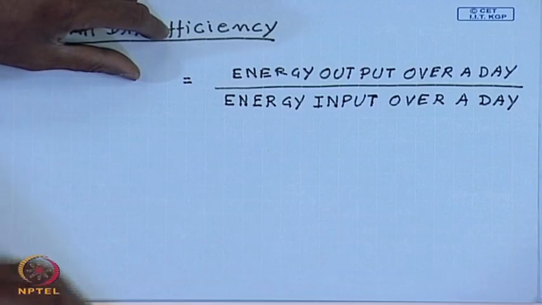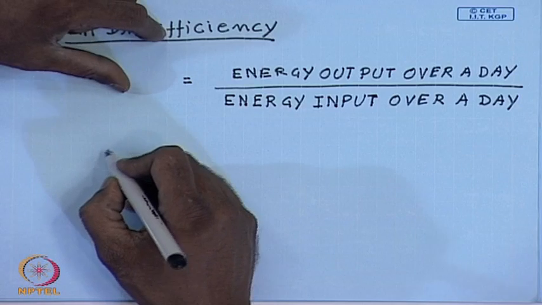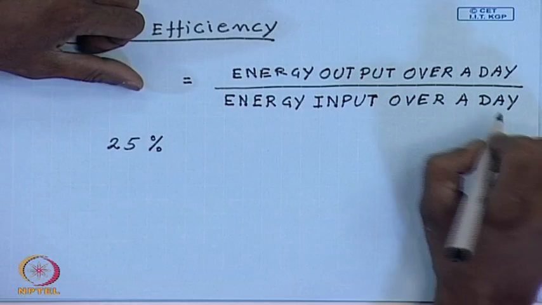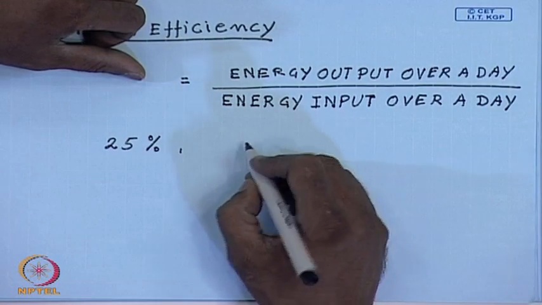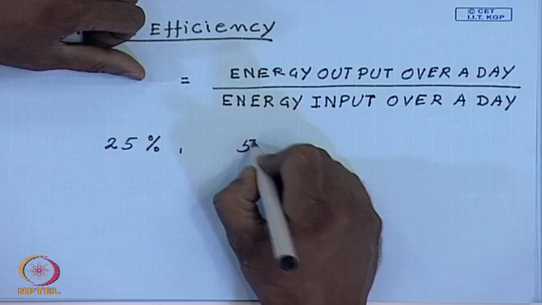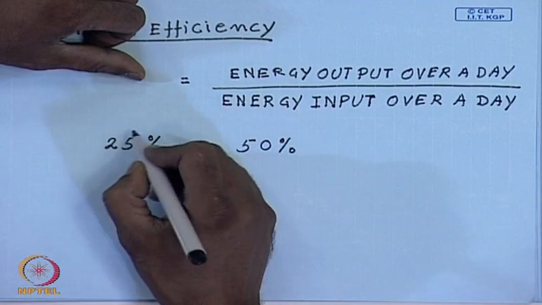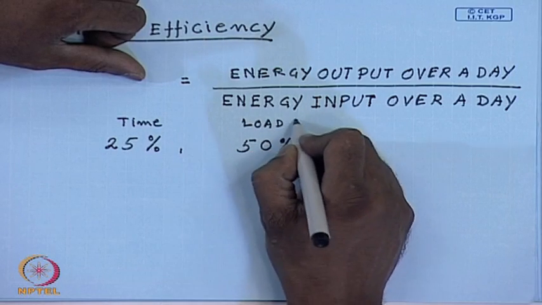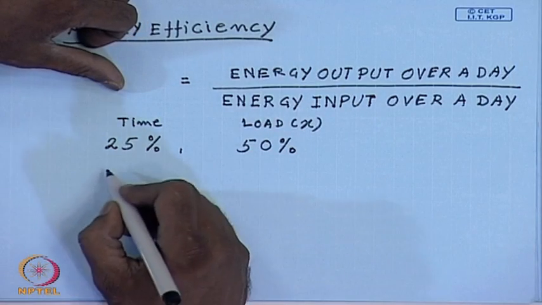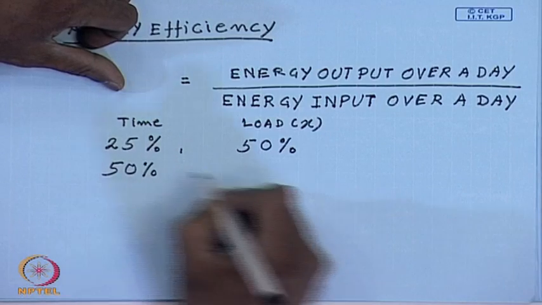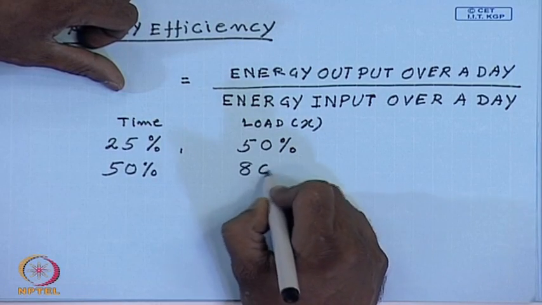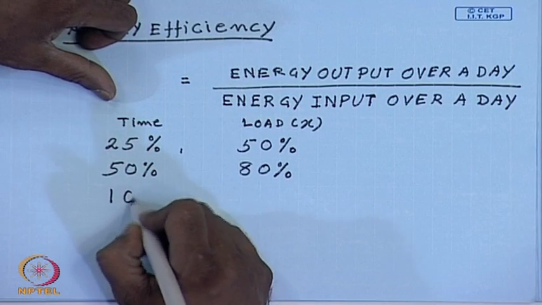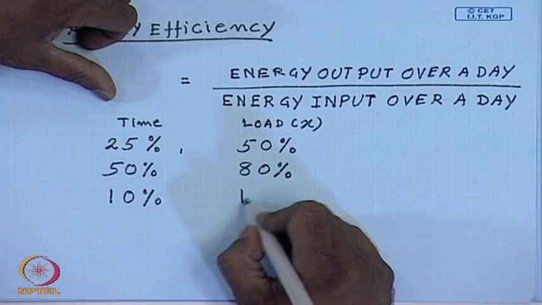Let us say a transformer is loaded 25% of the time at, let us say, 50% of the load, that is x, then 50% of the time, let us say it is loaded at 80% and let us say 10% of the time it is loaded at 100%.